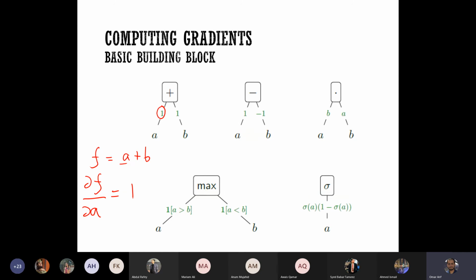Similarly, the rate of change of f, or the derivative of f with respect to b, is also 1. Okay, so I have written that on the edge. For a function which is subtracting the values, the derivative with respect to b is -1. With a it is 1, so I have written 1. With b it is -1. Okay, very easy.